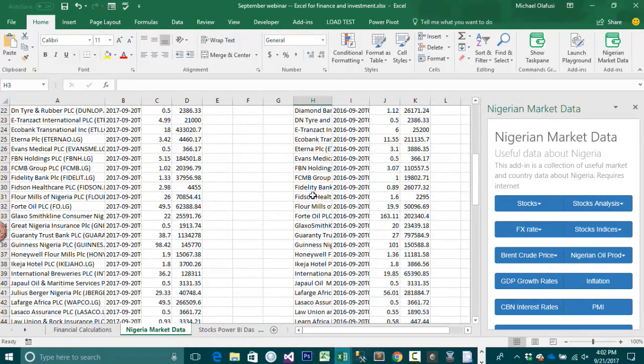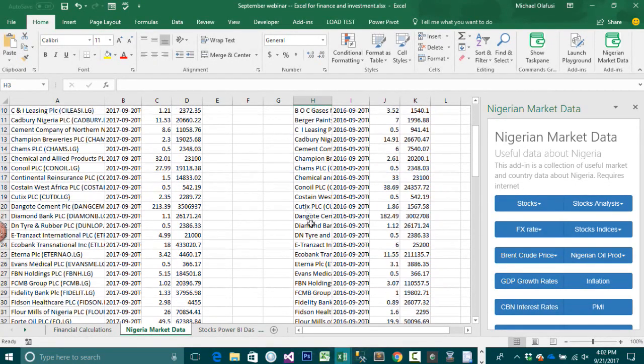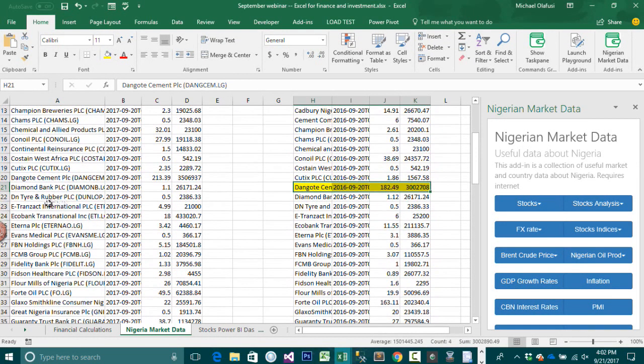Like now, I'm invested in Dangote Cement. So has it gone up in price, or has it reduced? It's currently 313 naira, but last year it was 182.